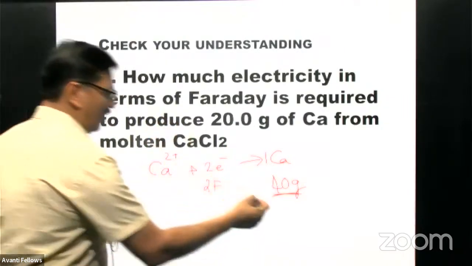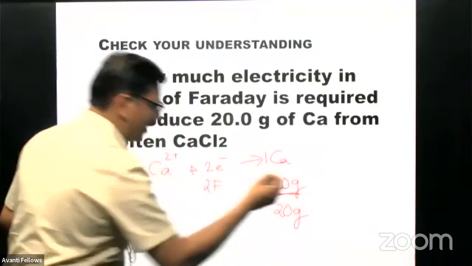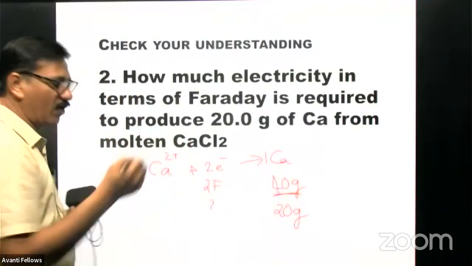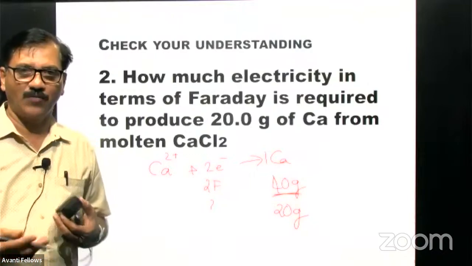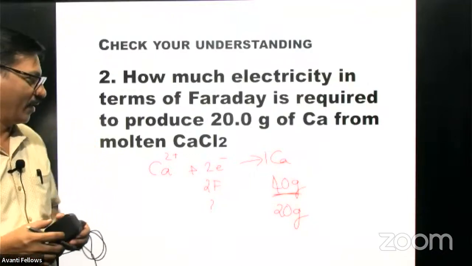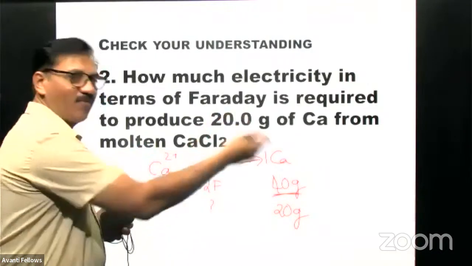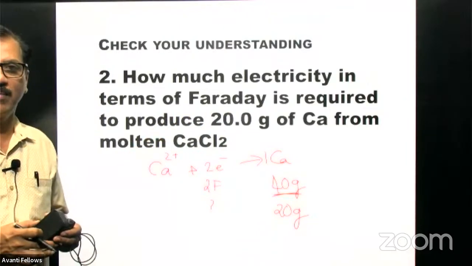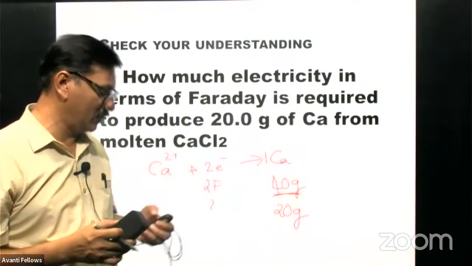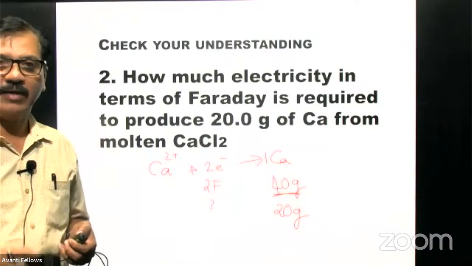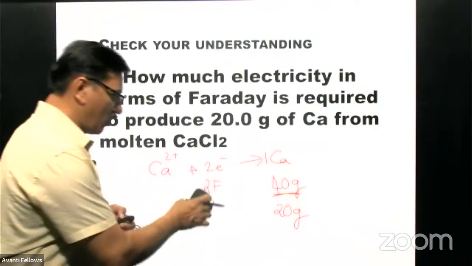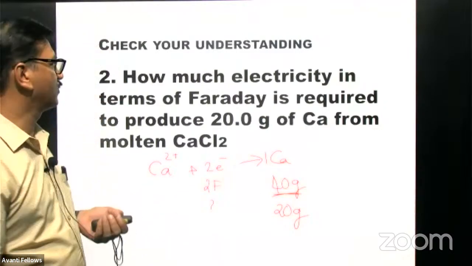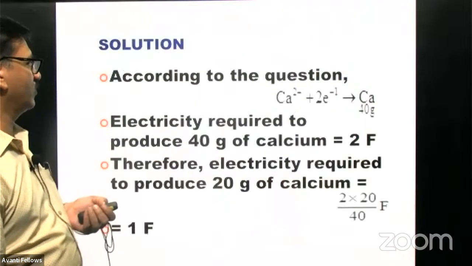The question is, you want 20 grams of calcium. How much Faraday is needed? Now it is simple: 2 Faraday is required for 40 grams, therefore 1 Faraday is required for 20 grams. Not half, it is 1.